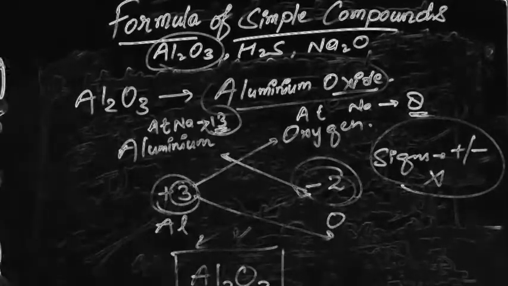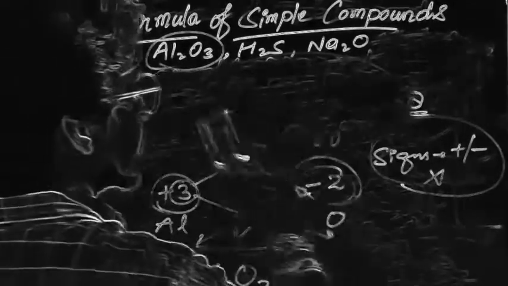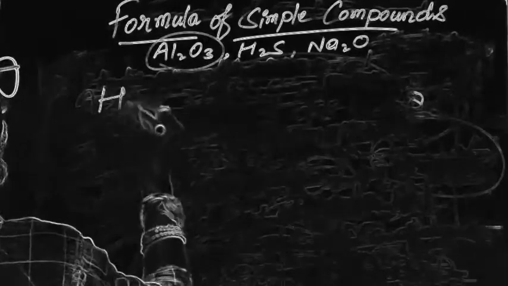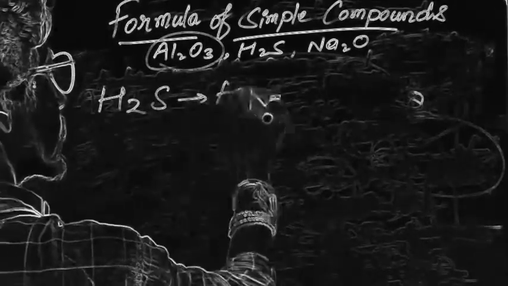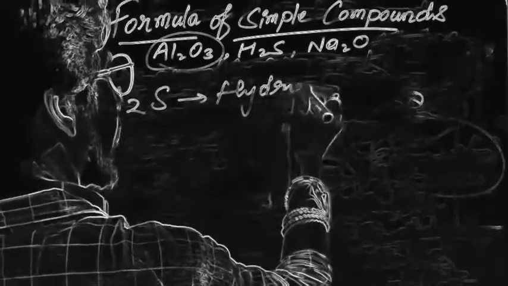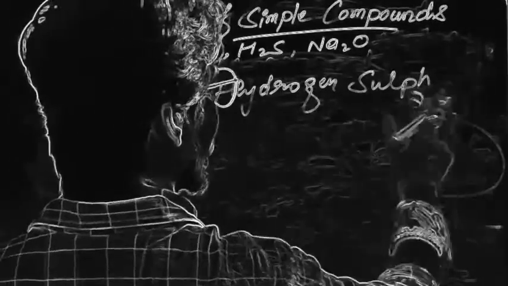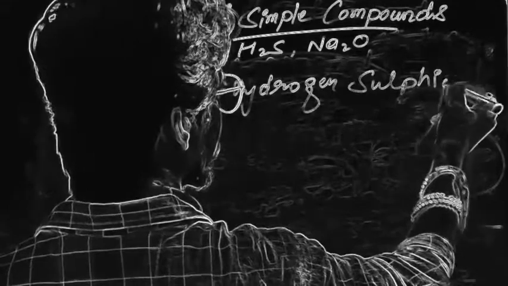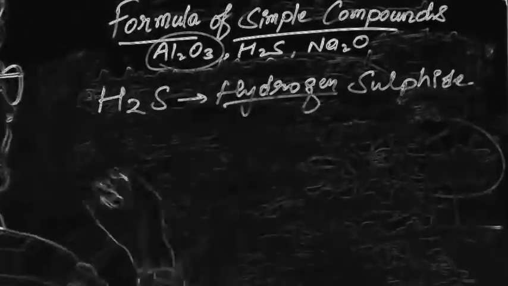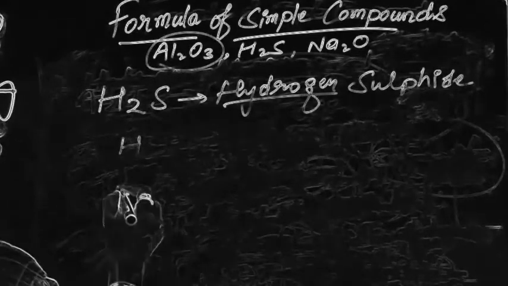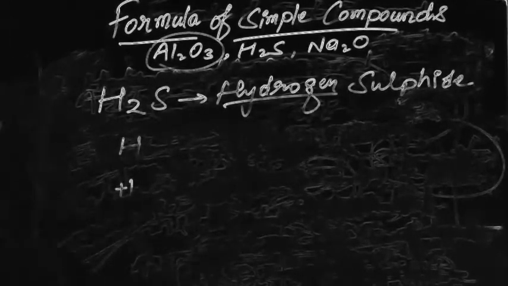Next our formula is H2S, that is hydrogen sulfide. Sulfide means sulfur. Symbol of hydrogen is H, and in our previous chemical compound we found that the valency is +1.